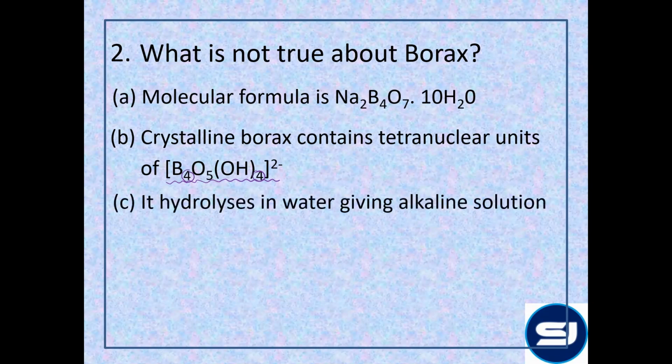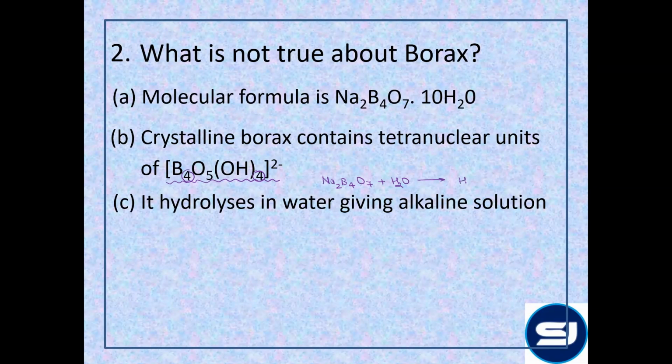It hydrolyzes in water, giving alkaline solution. True or false? True, because Na2B4O7 is a salt. And when you dissolve a salt in water, on the product side you will get an acid and a base.